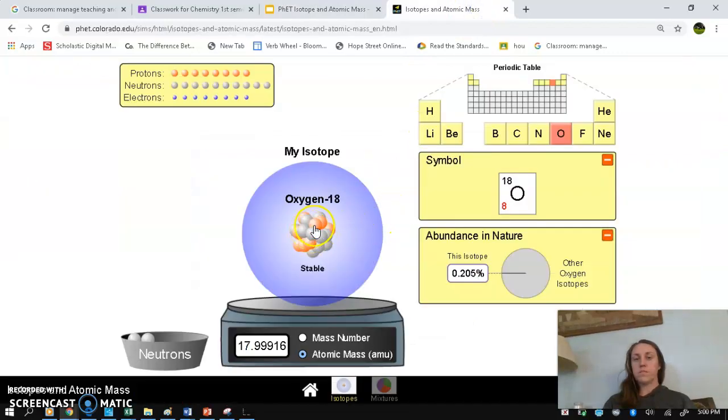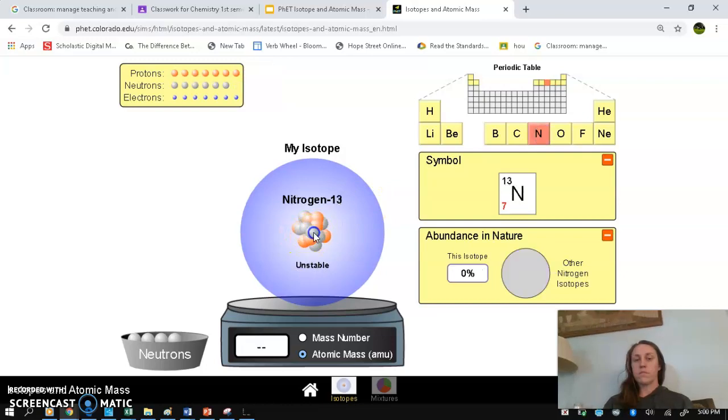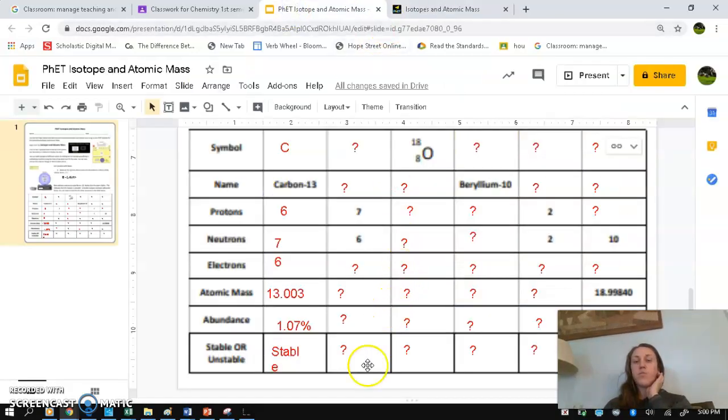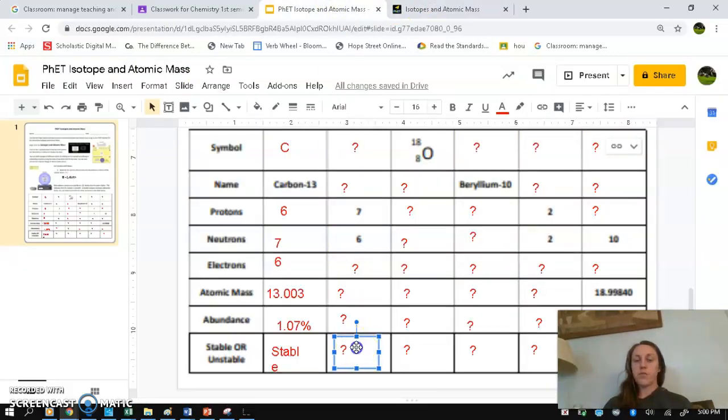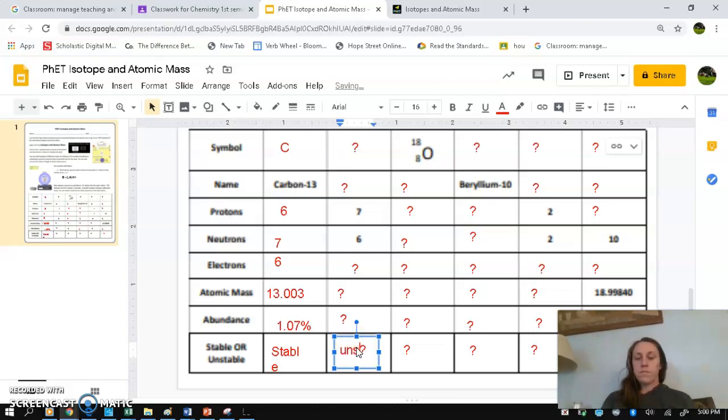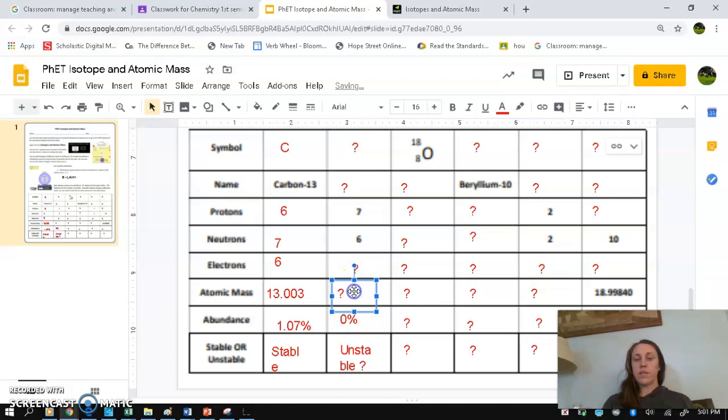Might be this next one. Okay, so you have 0% and you have these dashes. So at the bottom of this one, it doesn't tell you if it's unstable. You see it wiggling. It's 0%. And it doesn't have an atomic mass, so I just put what they have there.